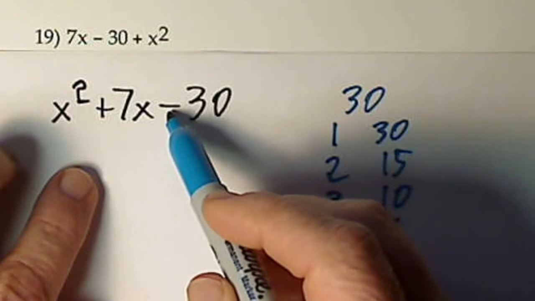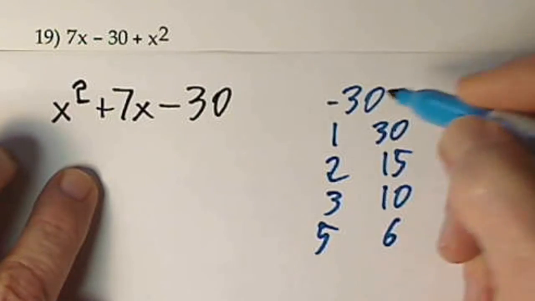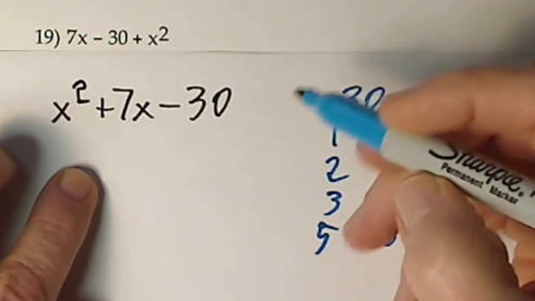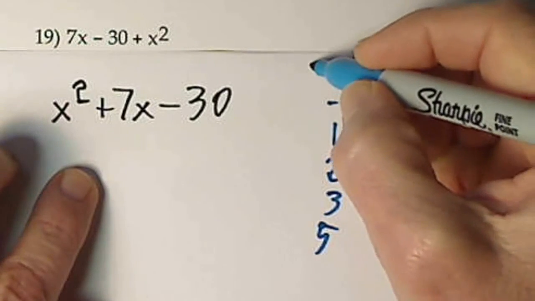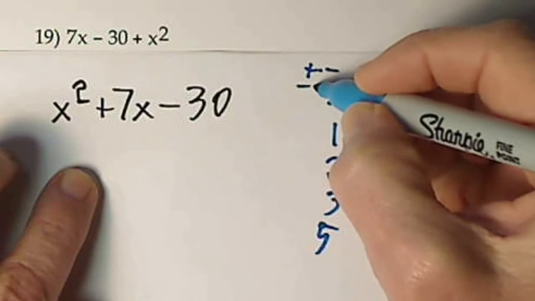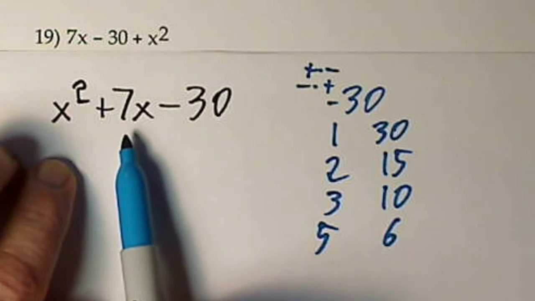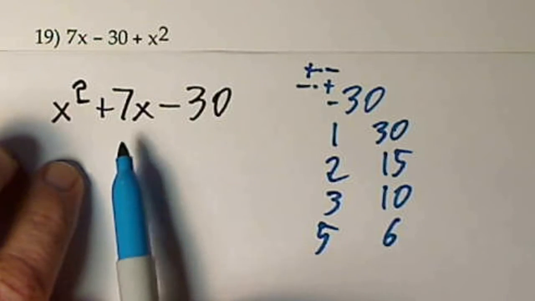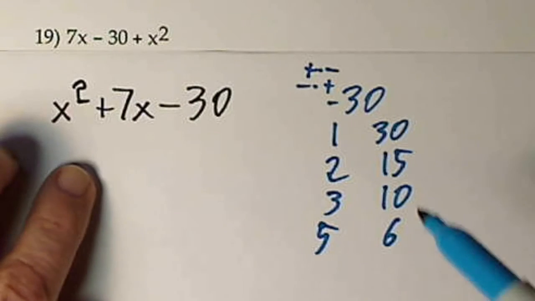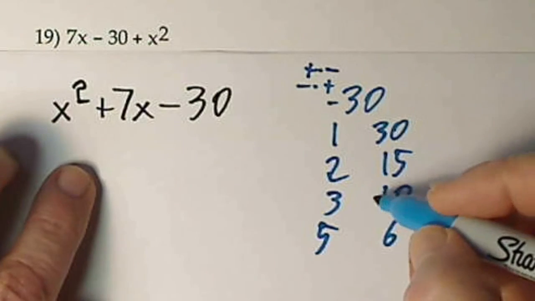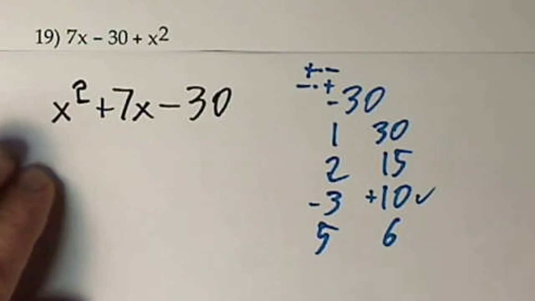By the way, I pointed that and said difference because the only way you can get a negative 30, if this term is a result of multiplication, you would have to have positive times negative or negative times positive. When you turn your attention to the middle, you're going to be adding or subtracting, and in this case the signs will be different, so you'll be subtracting. Anyway, to get positive 7, you would need positive 10, negative 3. That's the only one that'll work.